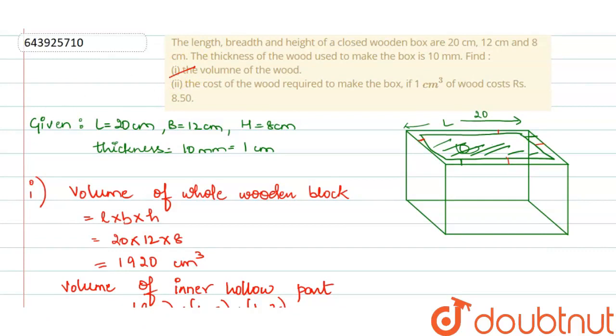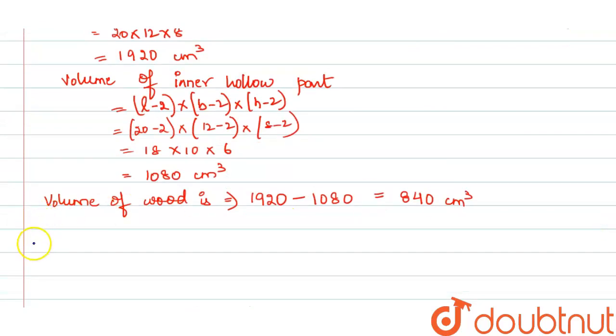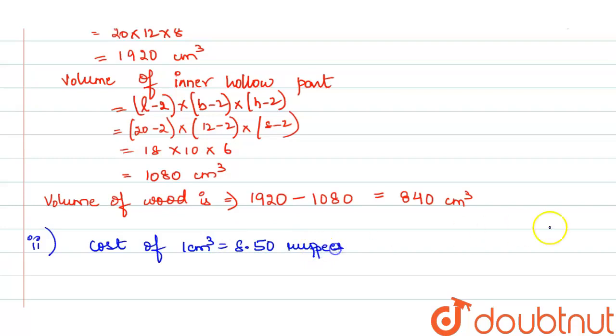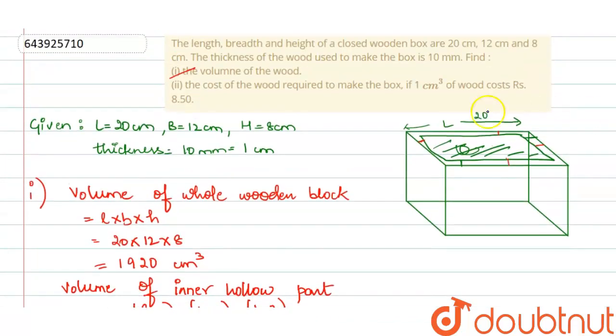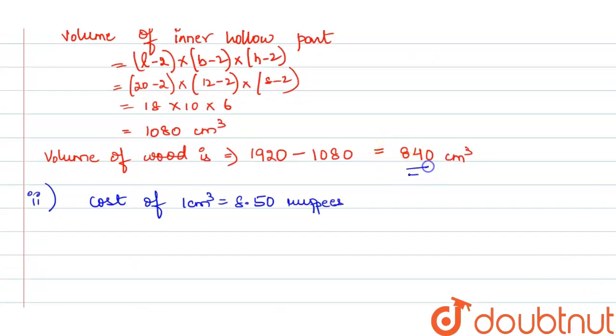Now we'll go on to the second part, the cost of the wood required to make the box. The cost of 1 centimeter cube is 8.50 rupees, and this is given to us. Now we have to calculate this for 840 centimeters cube.